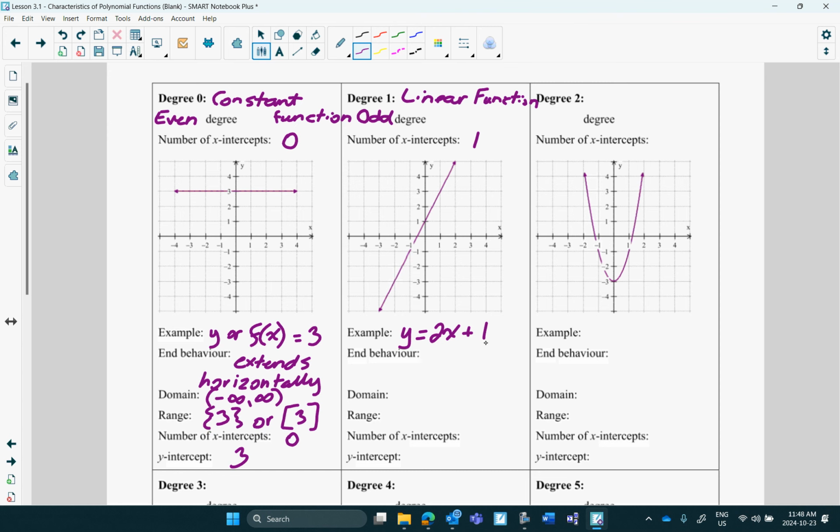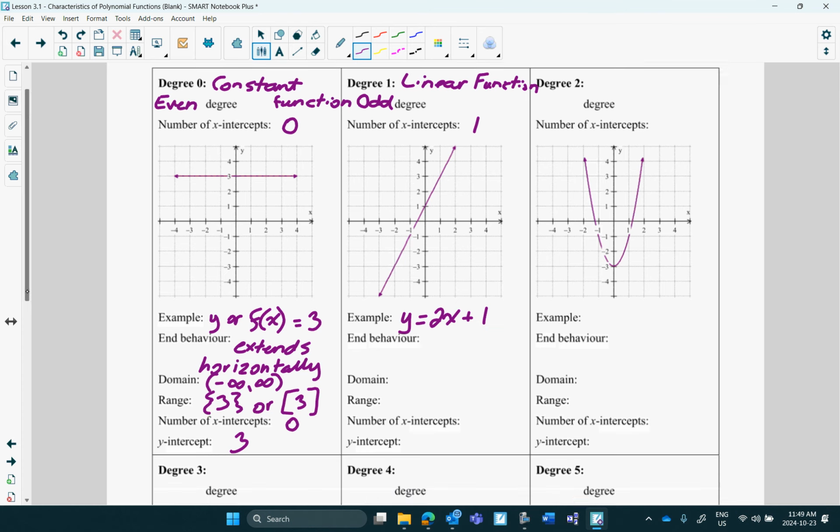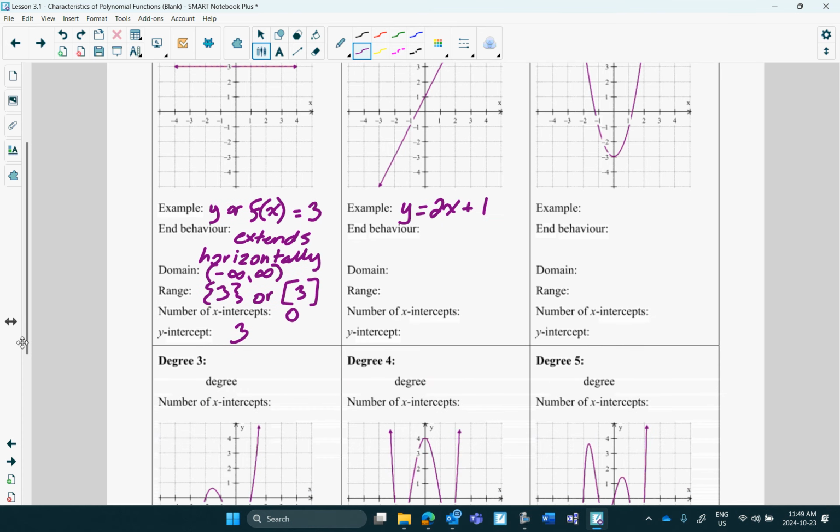Now it's end behavior. When we talk about the end behavior, we're talking about its vertical behavior. So on the left side of the graph, it's going down. Okay?